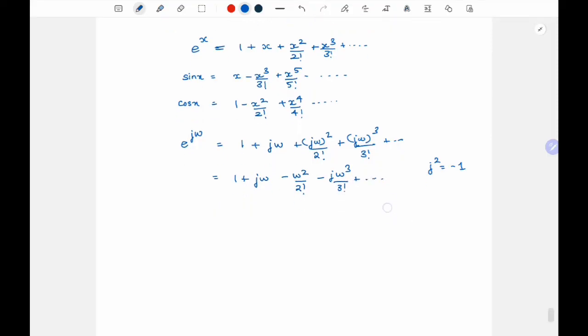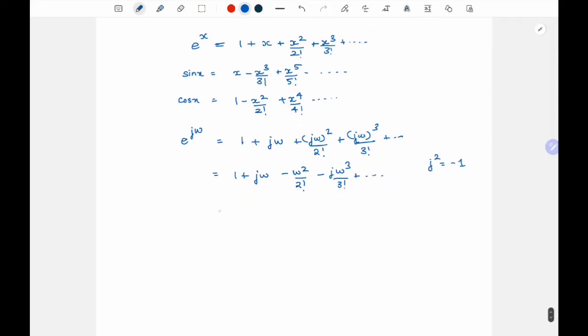Now if you collect all the real terms and imaginary terms, you have 1 minus omega square by 2 factorial plus omega power 4 by 4 factorial and so on, plus j into omega minus omega cube by 3 factorial and so on. But what is this?